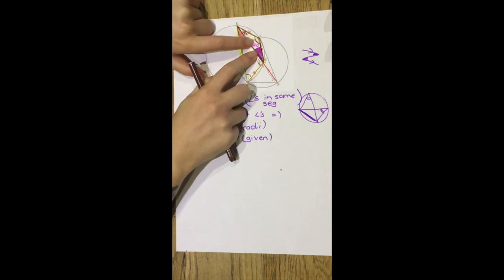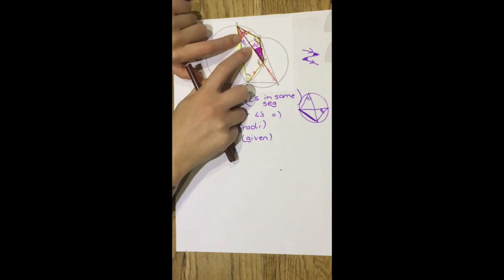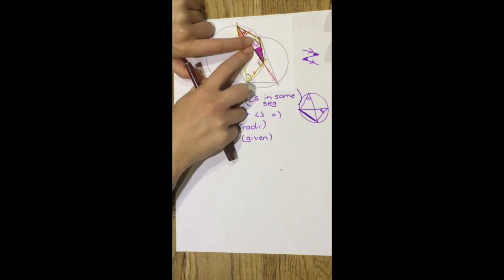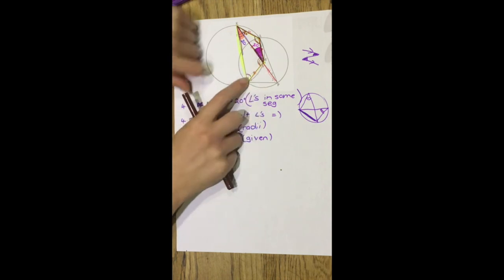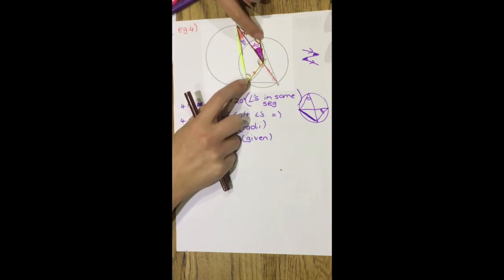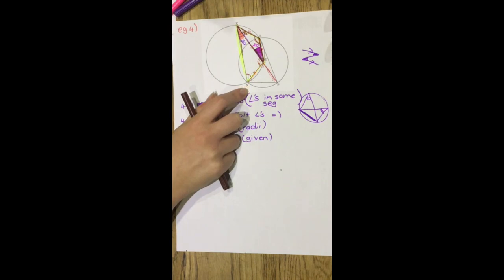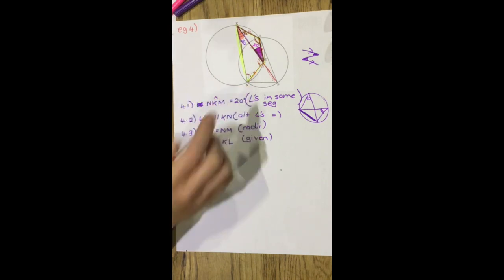Then we could calculate this L2 over here because it would be 180 minus 20 minus 20, which would give us the L2 angle. And then we know that this is a cyclic quad. So angle N would be 180 minus whatever I get for L2. Okay, does that make sense? All right, so let's do that.